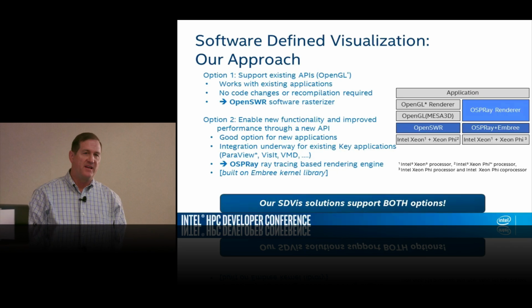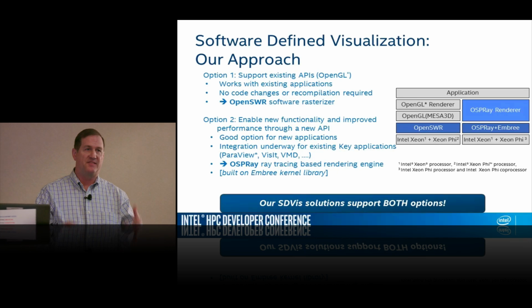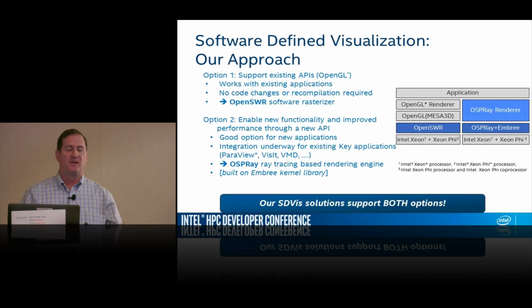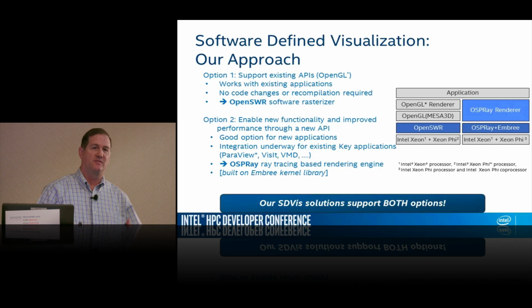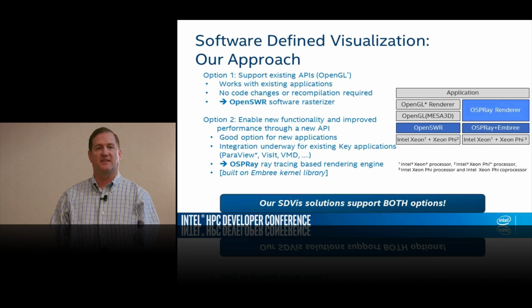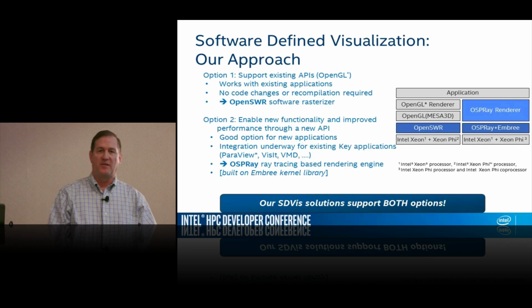So when we thought about how we would do this and how we could best meet the needs, from that feedback we got, we realized that we had 2 options. One, we had a strong ray tracing, fidelity, photorealistic environment with Embree that already was working well.